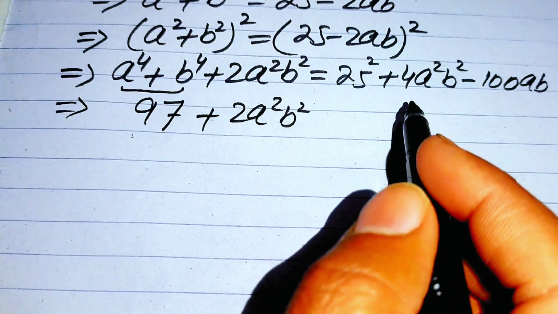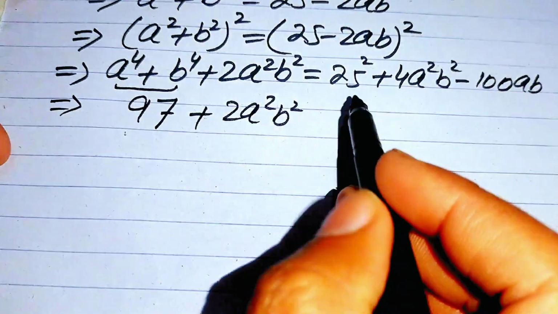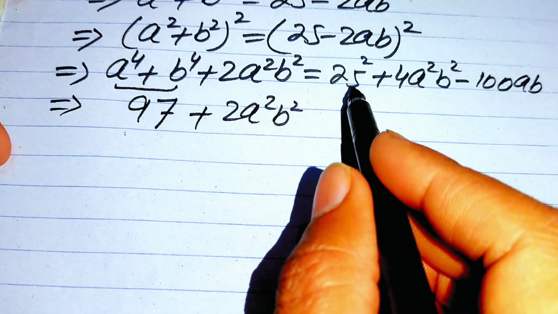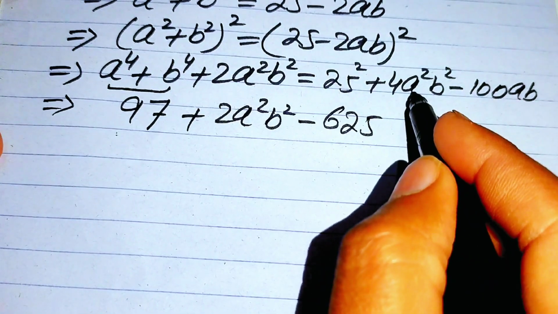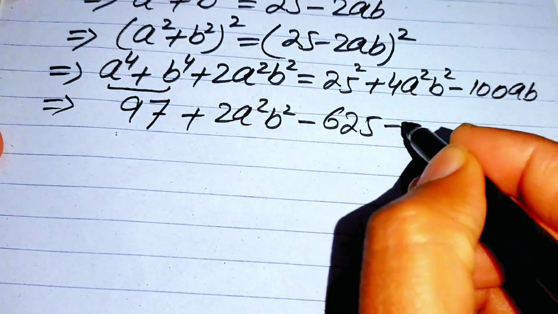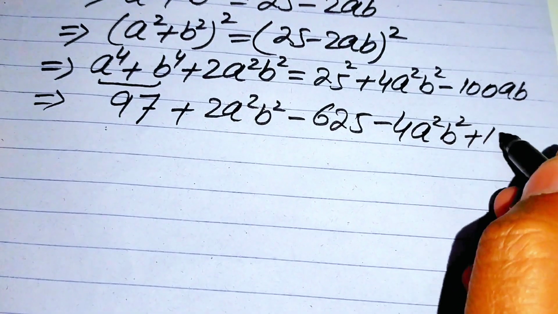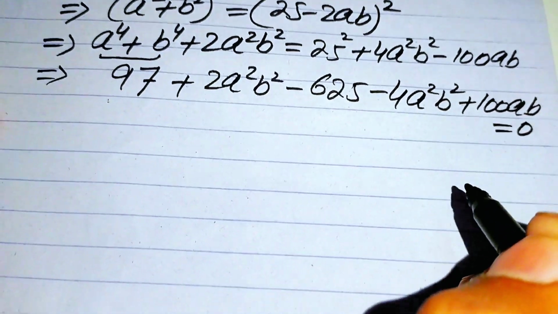And now we move all these terms to the left hand side, and first we have 25 square, and we know that 25 square equals 625, and this plus 4 times a square b square becomes minus 4 times a square b square, and this becomes plus 100 times ab, and this whole equals 0.